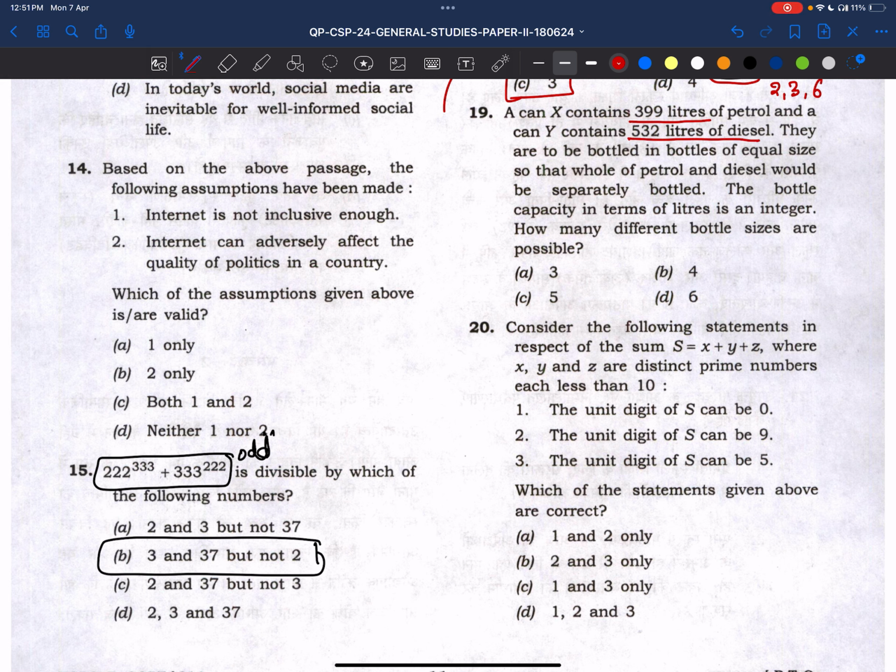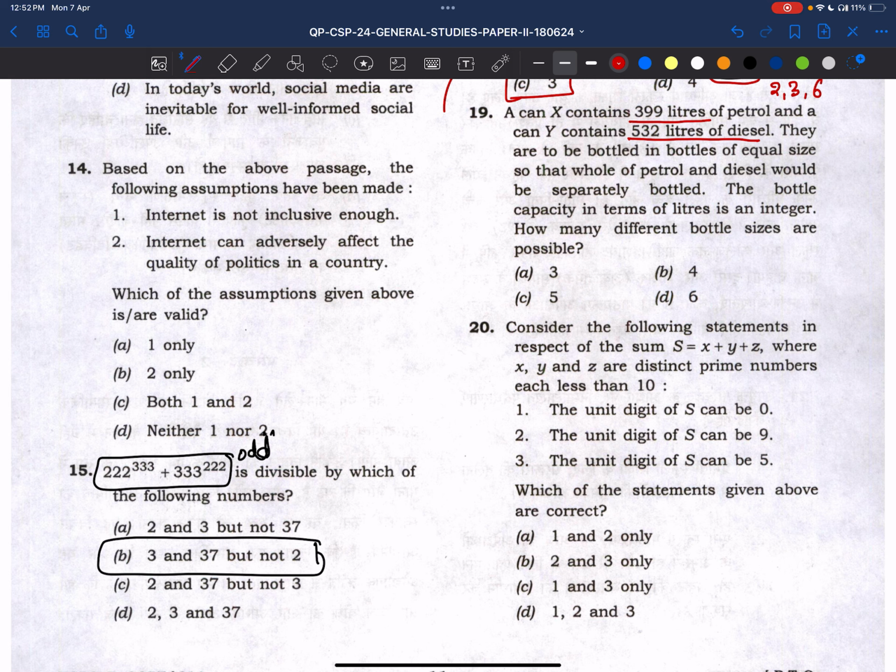They are to be bottled in bottles of equal size so that the whole of petrol and diesel would be separately bottled. That means we need to take the bottle size such that it fills petrol and diesel equally. Nothing should be left over. That means he's asking for common factors between 399 and 532 only, right? Same application as the previous question.